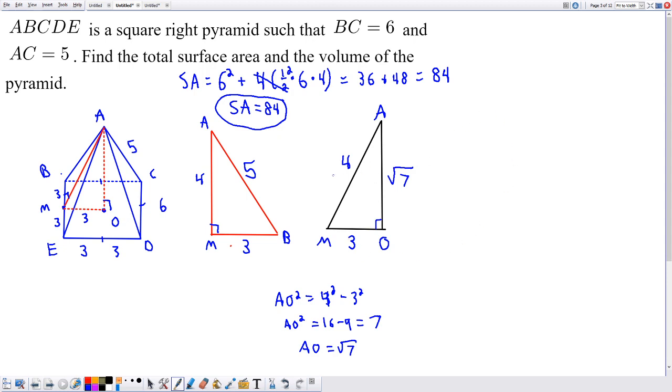Now, we have the height of the pyramid, AO, square root of 7, and the formula for volume is 1/3 times the area of the base, which we know is 36, times the height of the pyramid, which we know is the square root of 7.